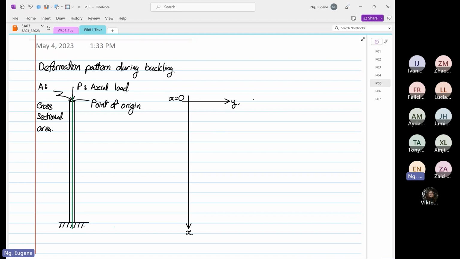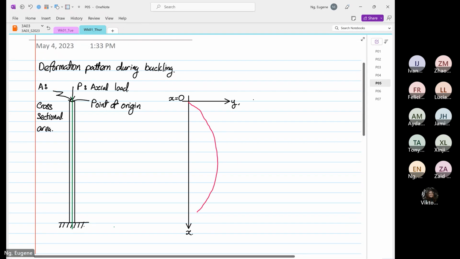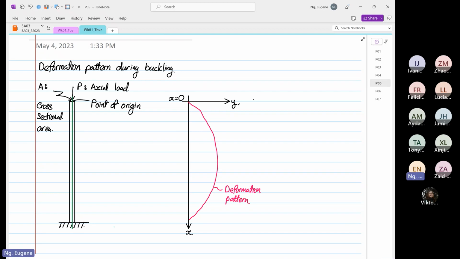So when we have buckling, our deformation looks like this. So I'm going to sketch out our deformation now. Okay, so this is our deformation pattern. And over here, x is equal to 0.